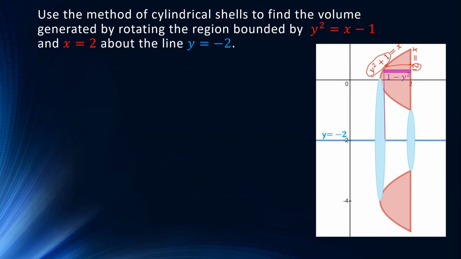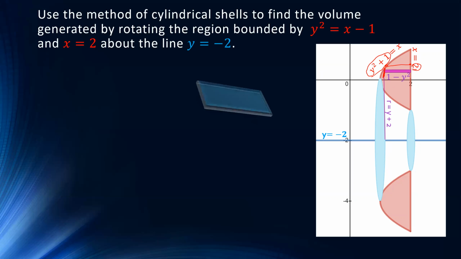Then the radius is what we also will need. The radius goes from the y value right here minus 2 right here, minus a -2 actually. So r equals y plus 2.